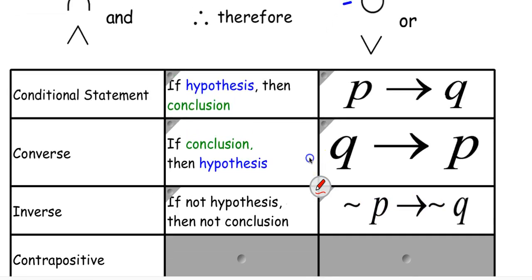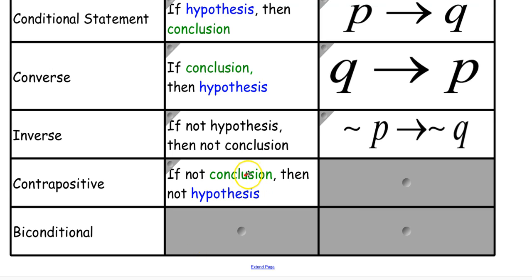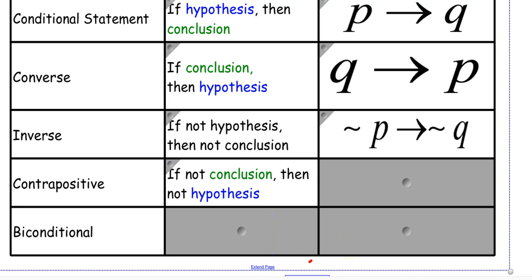So then we've got these last two to fill in here, where the contrapositive is the not, and flipped. So not conclusion, then not hypothesis.